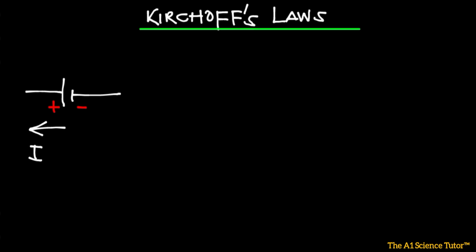Now, what if we had it this other way? So we first need to represent the positive terminal and the negative. From there, we can pretty much tell where the current leads. So it's going to be in this direction. That is because the positive terminal leads this way. Okay, so the current obviously is going to move that way.